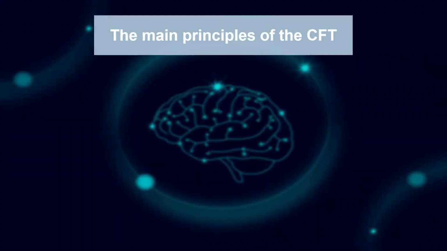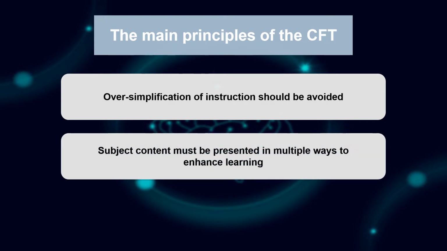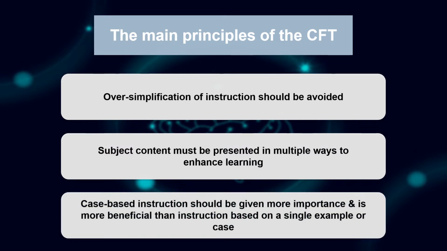The main principles of cognitive flexibility theory are: oversimplification of instruction should be avoided; subject content must be presented in multiple ways to enhance learning; case-based instruction should be given more importance, and this is more beneficial than instruction based on a single example or case.